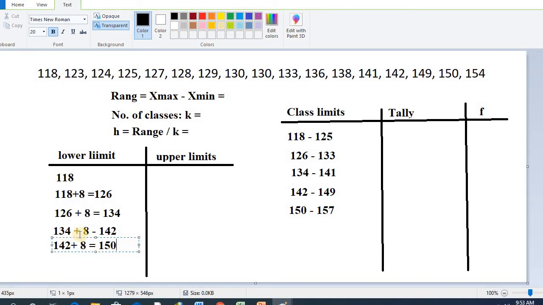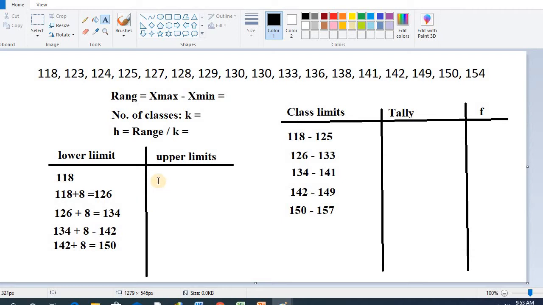In this procedure, the lower limits are obtained. Next, how to obtain the upper limit?